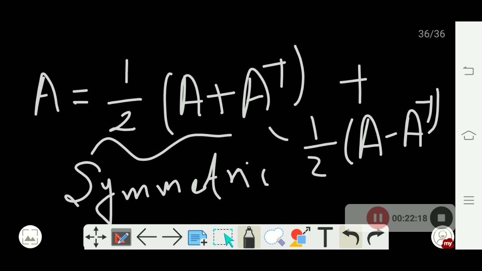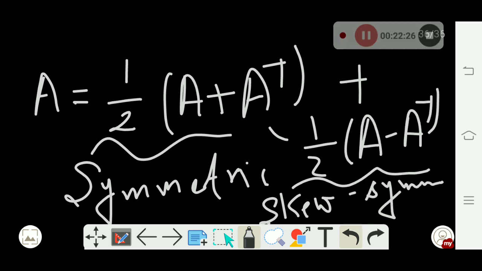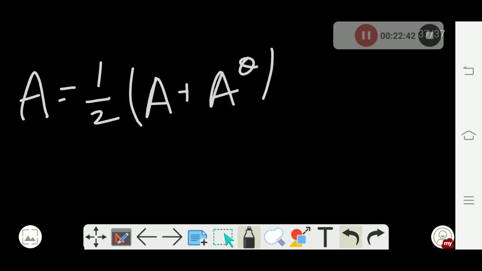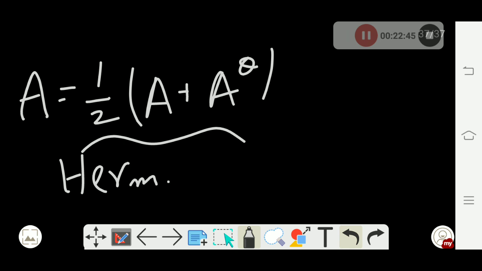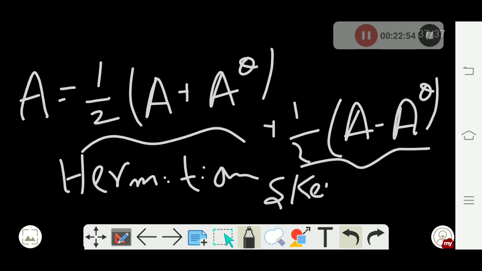You know this from class 12. And also you can define this matrix as the sum of a Hermitian and a skew Hermitian: this is the Hermitian part, plus half of the skew Hermitian part.